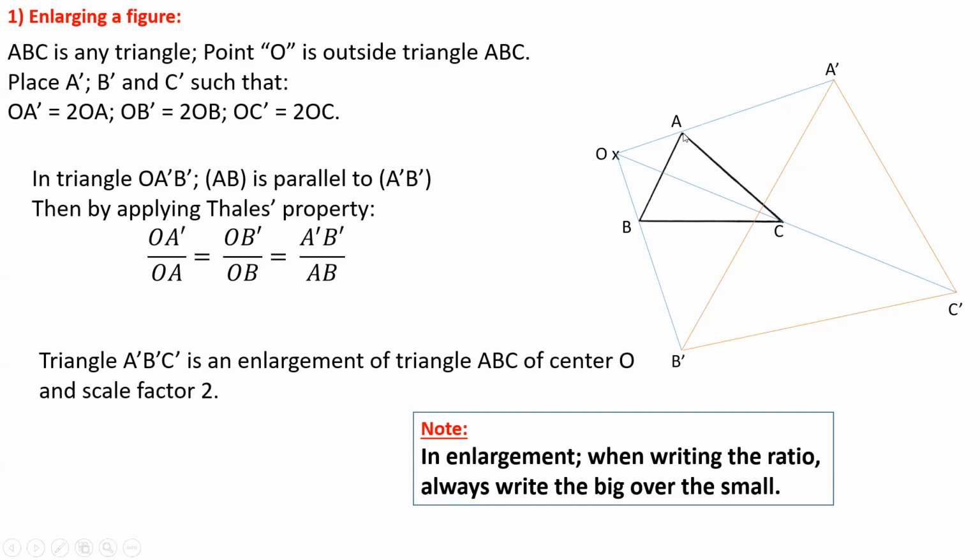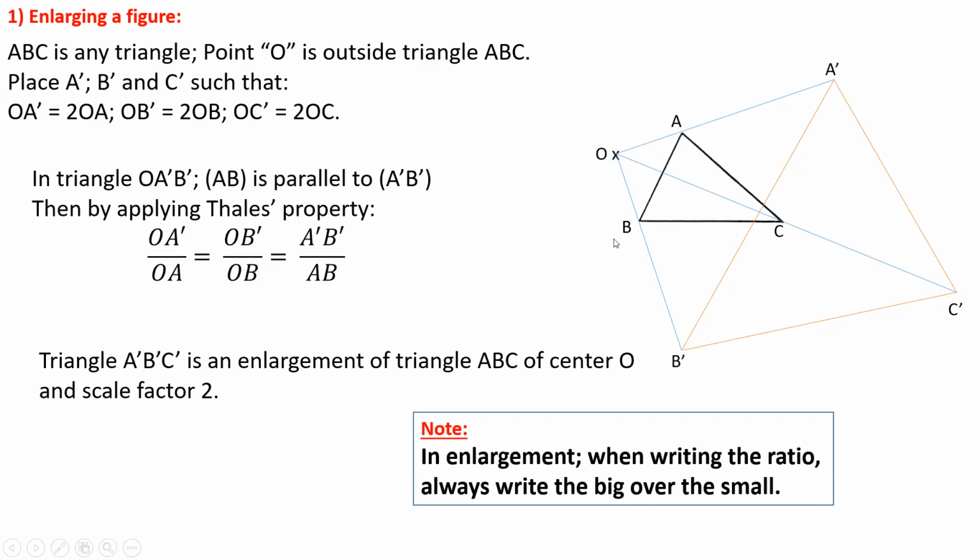Suppose I have a triangle ABC. This is a triangle. Now, what did I do? I placed a point O outside the triangle ABC. Then I have taken a point A prime such that OA prime is equal to 2 times OA.